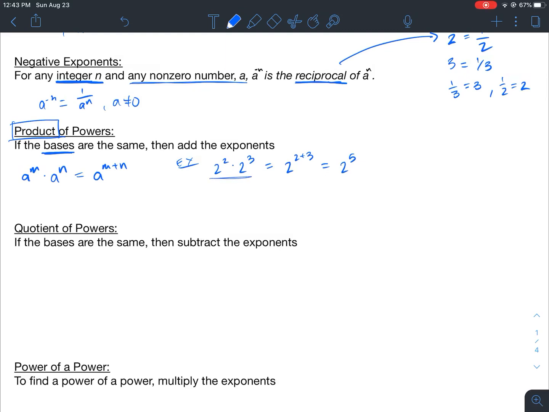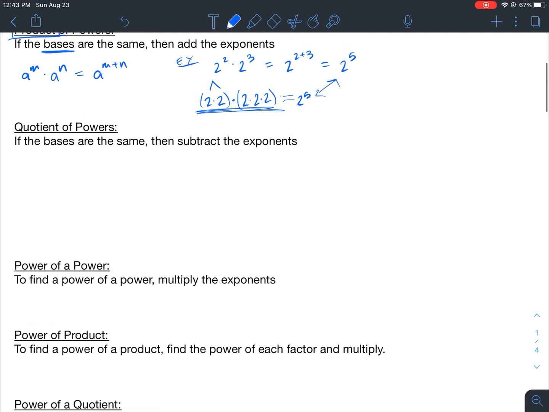Well, let's break this down. 2 squared is 2 times 2, and this is saying that you multiply 2 cubed, and 2 cubed is 2 times 2 times 2. So this right here is 2 being multiplied 5 times, which is equal to 2 to the 5. So you can see that we have the same answer. That's technically what we're doing, but we have a rule that says you can just add the exponents and it's the same thing if the bases are the same.